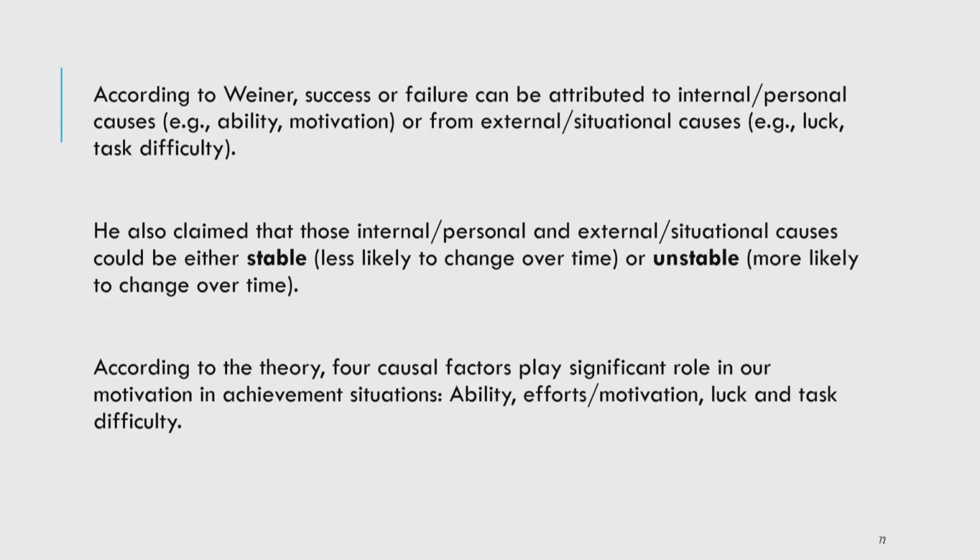According to Weiner, success or failure can be attributed to internal personal causes or external situational causes, and these internal and external factors could be either stable or unstable. They focused on four important factors that play a significant role in our achievement situation in terms of finding causes: ability, effort or motivation, luck, and task difficulty. I'll just show you how these interact with these factors.